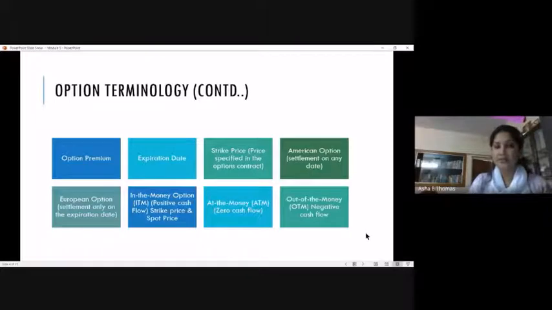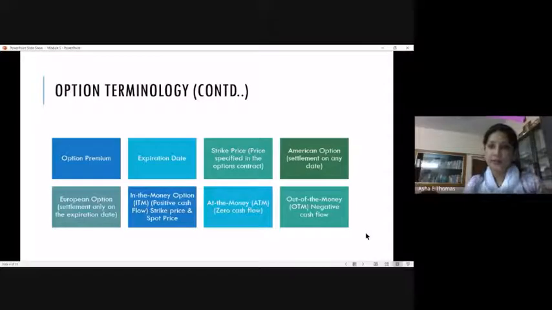Maybe the spot price is say 2,220. So you say that yes, after 3 months you are willing to sell your asset at 2,330. Depends upon the parties, it can vary. And the strike price is at what price you have decided to sell. Maybe if the lot size is 100 shares of HUL, that's your strike price.